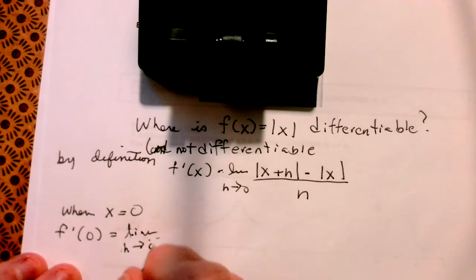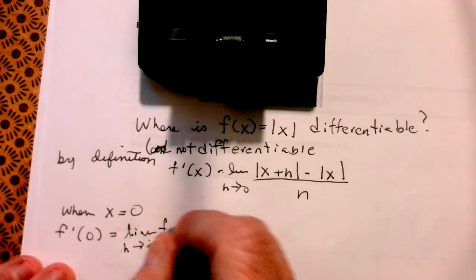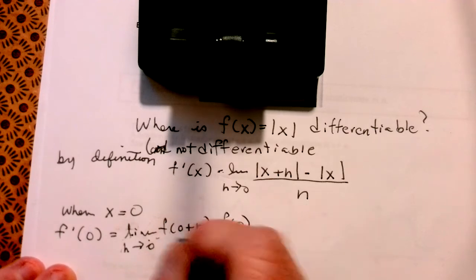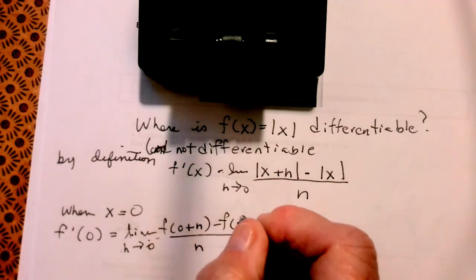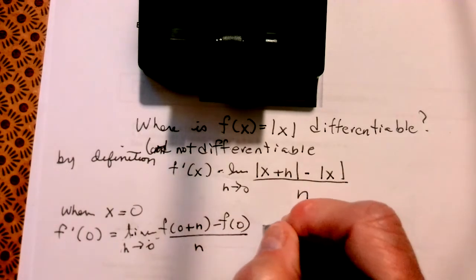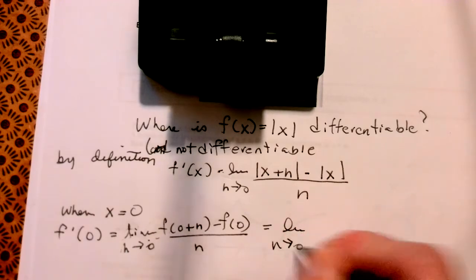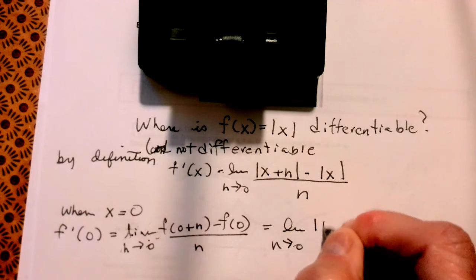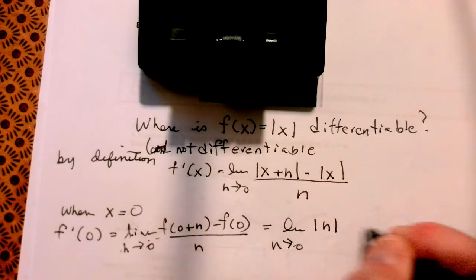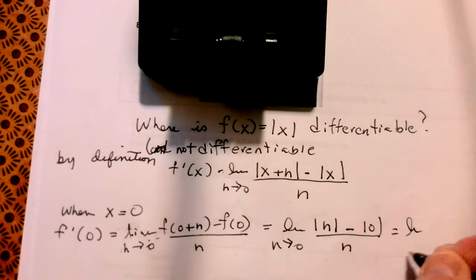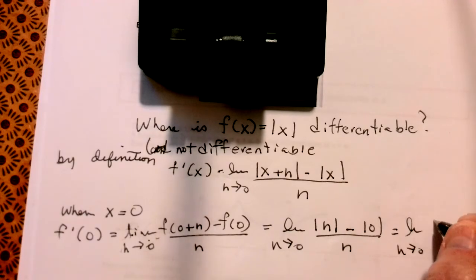The limit as h goes to 0 of f of 0 plus h minus f of 0 over h. Now, that equals the limit as h goes to 0 of, in this case, the absolute value of h minus the absolute value of 0, which is just 0, over h, which is just the limit as h goes to 0 of the absolute value of h over h.